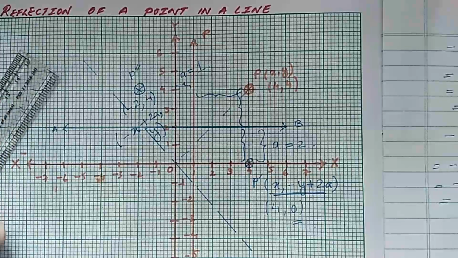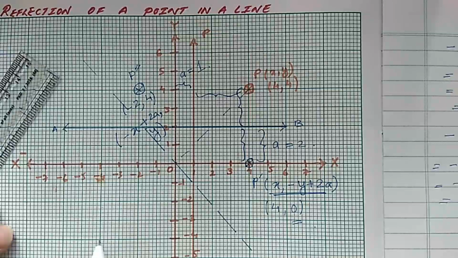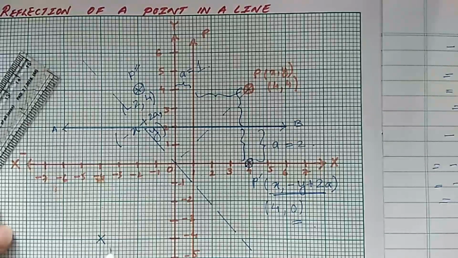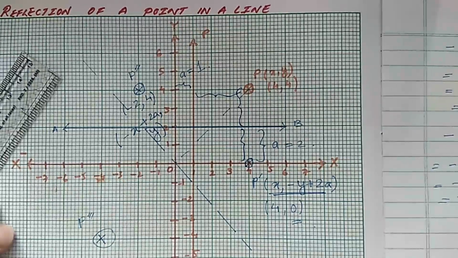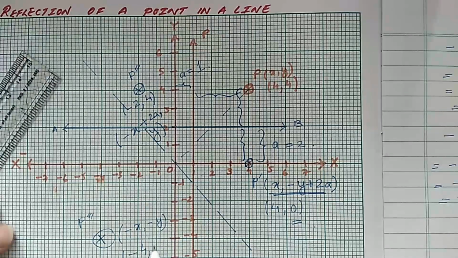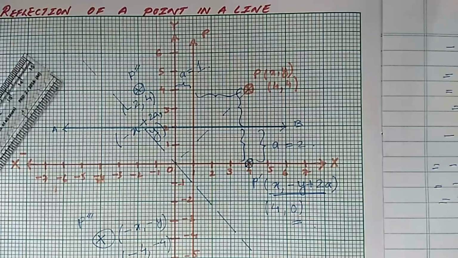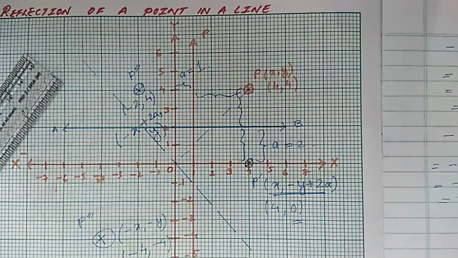Where will the image be formed? The coordinate is (4, 4). Then the image will be formed at this point. Suppose this is P3. It will be (minus x, minus y), that means (minus 4, minus 4). That means both the x coordinate and the y coordinate will have negative signs, or the signs will be reversed.